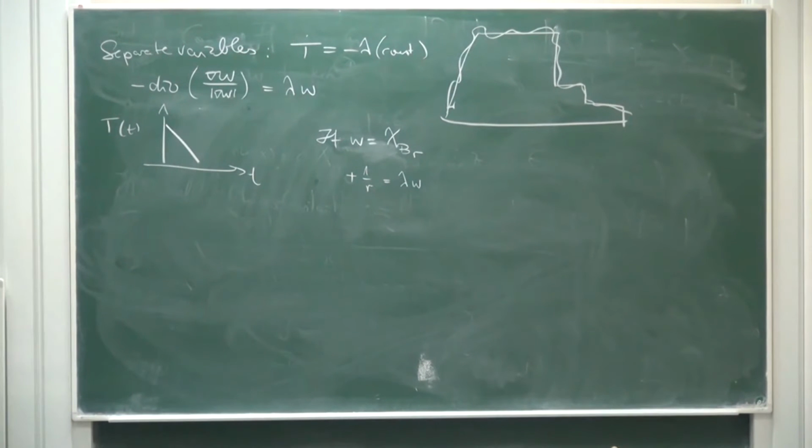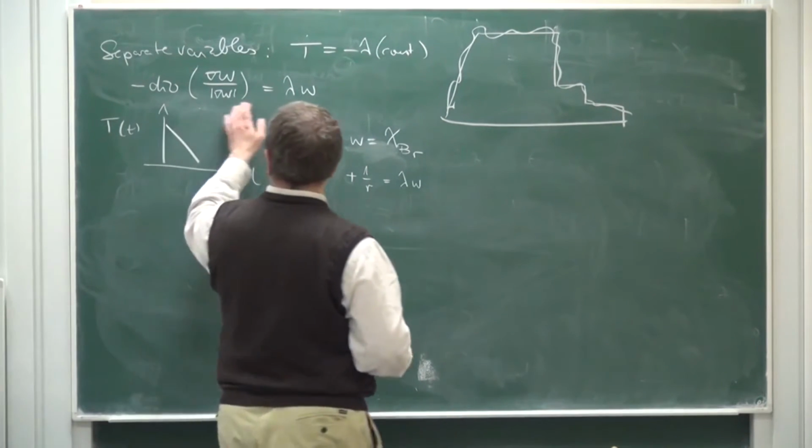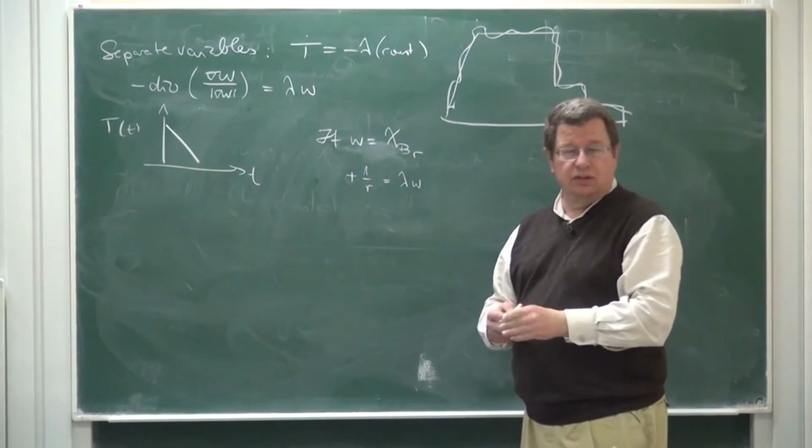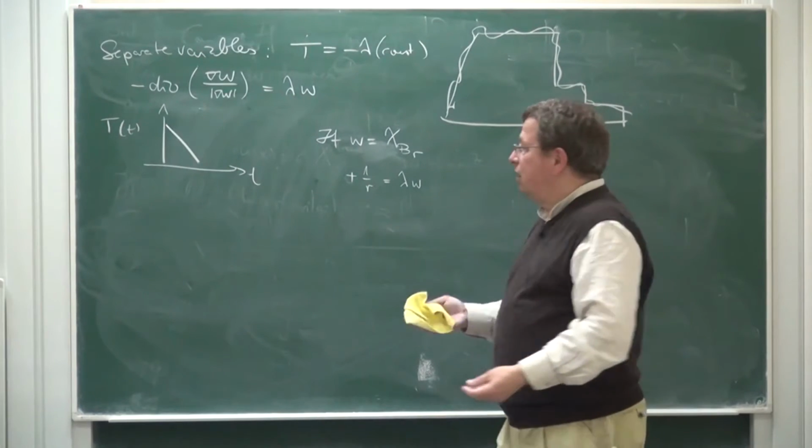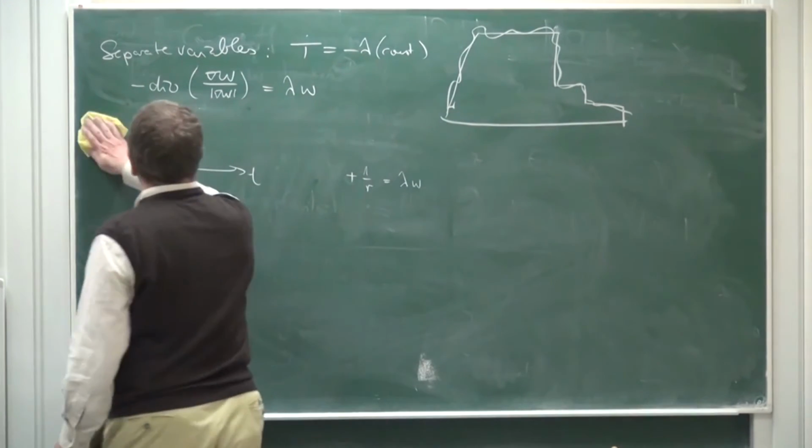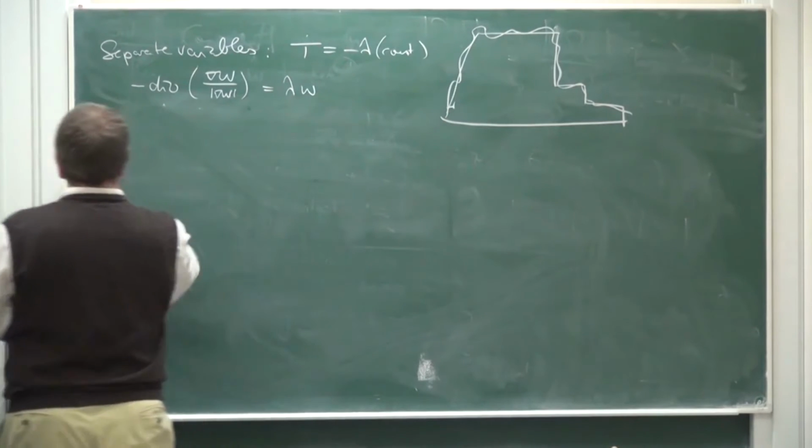But I don't like this equation, because this is not an eigenvalue equation. If you have an eigenfunction, the left-hand side and the right-hand side should have equal homogeneity. And so I made a different ansatz.